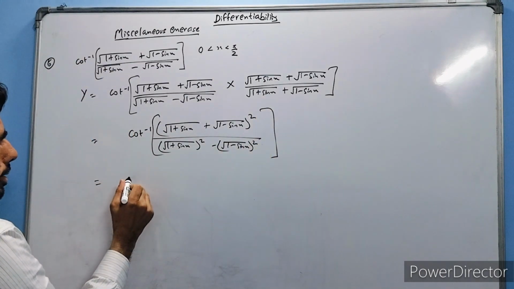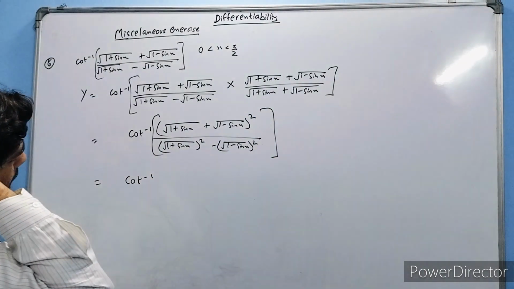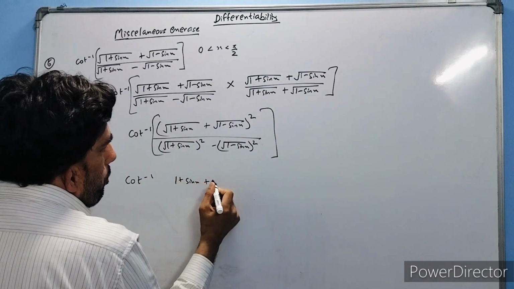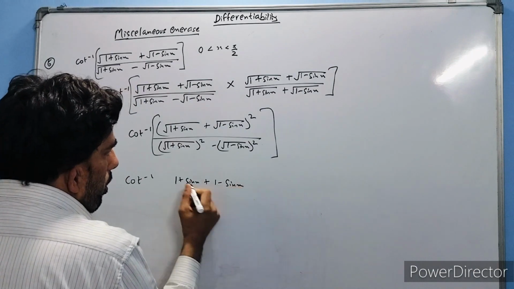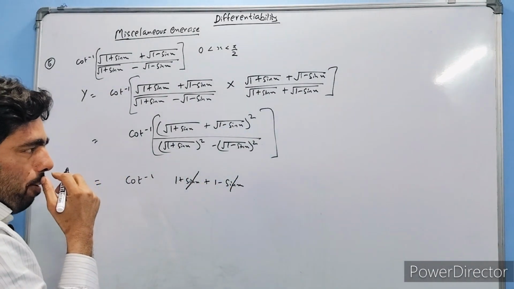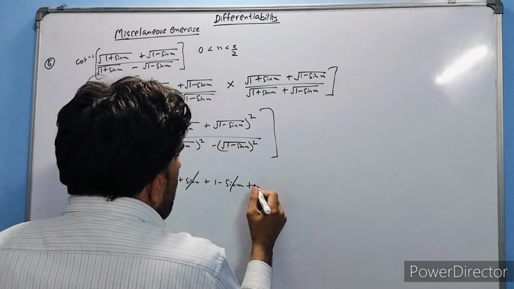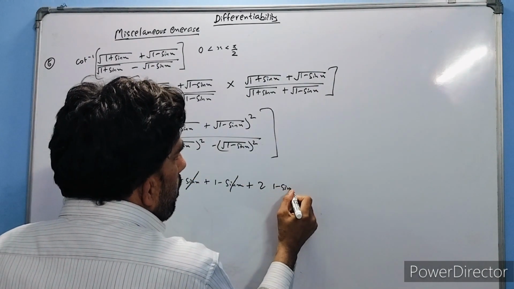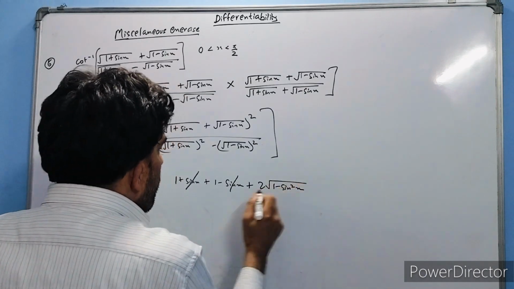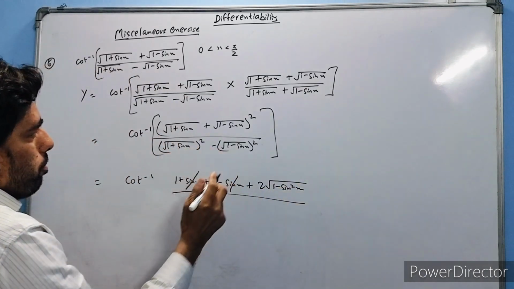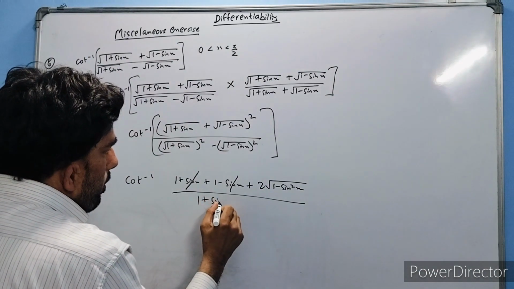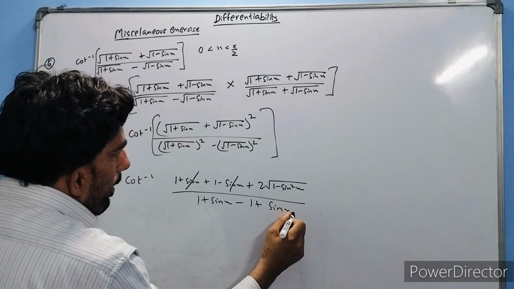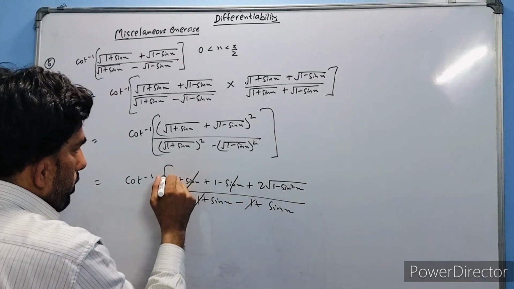Now my next step will be a plus b whole square, so we have a square, 1 plus sin x, plus b square. It will reduce to a square plus b square plus 2ab, so plus 2 times the root of (1 minus sin square x), upon a square minus b square, which is 1 plus sin x minus 1 plus sin x, that is 2 sin x.